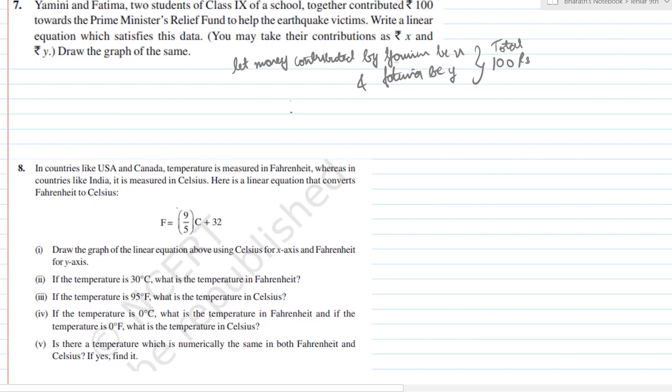So here according to the question, x plus y is equal to 100. Fine.